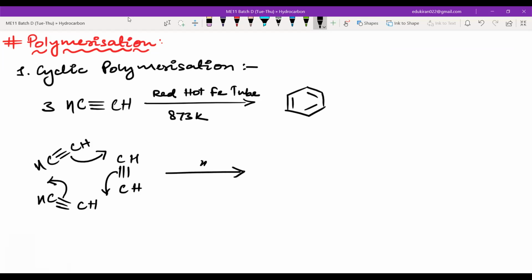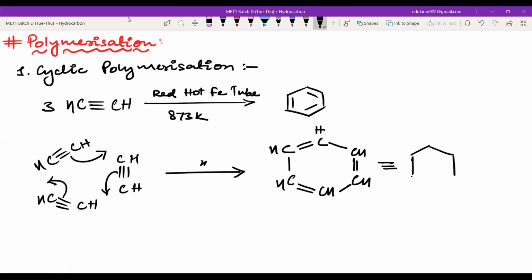The same condition, we will have CH double bond, because it has made one bond here. Then there will be a single bond. This also has CH, this also has CH. There will be a double bond here, CH. This will have a single bond CH. This will have a double bond CH, and this will have a single bond CH. Now you can convert and write the structure with a double bond here, a double bond here, and a double bond here. Okay, so you'll be forming benzene.